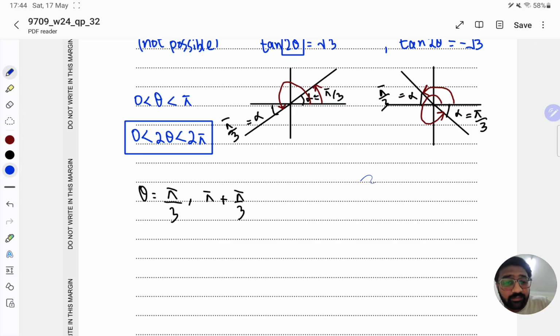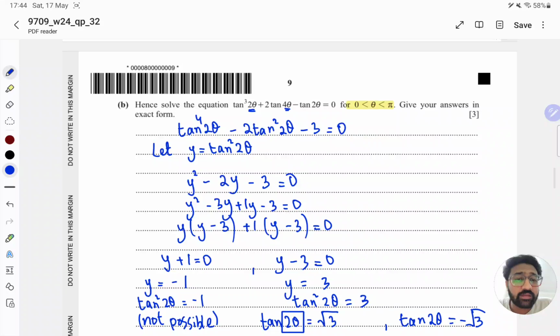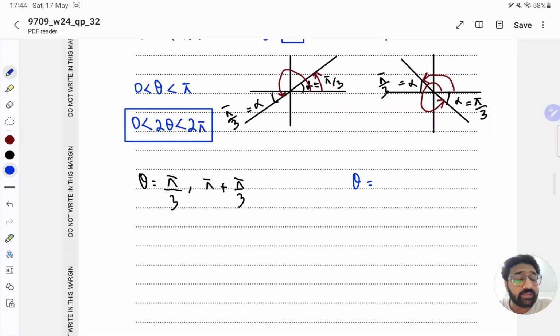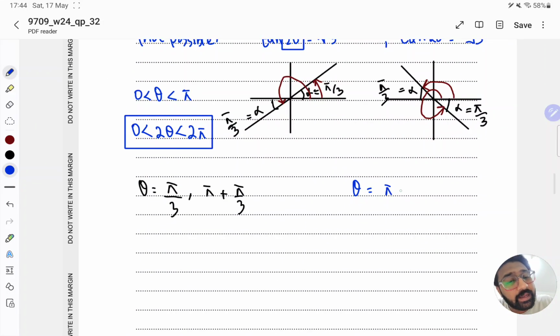So if I find both of them, the first theta will be pi minus pi by 3, the other will be 2 pi minus pi by 3.